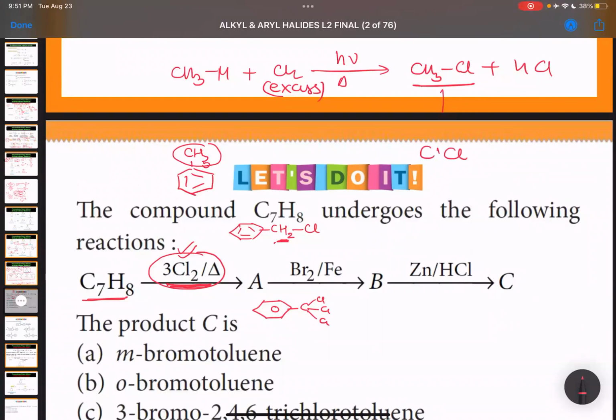All the hydrogens of the sp3 carbon will be substituted by Cl, and that's what has happened here. So this is A. Then you have Br2 and Fe. Where should I put the Br in this case? We need to know the ortho and para positions. Is it like CH3?